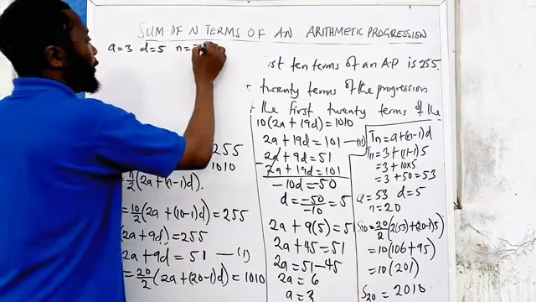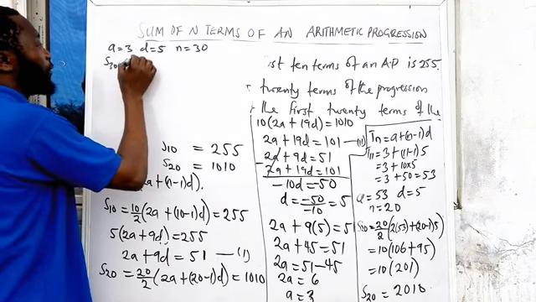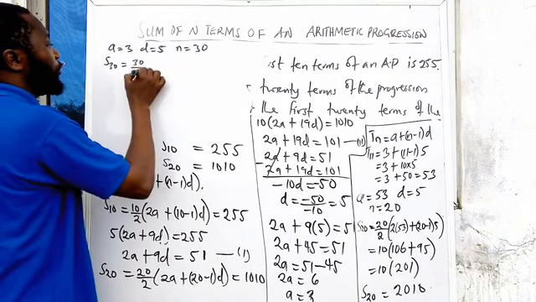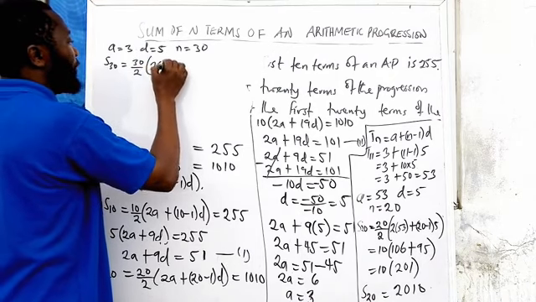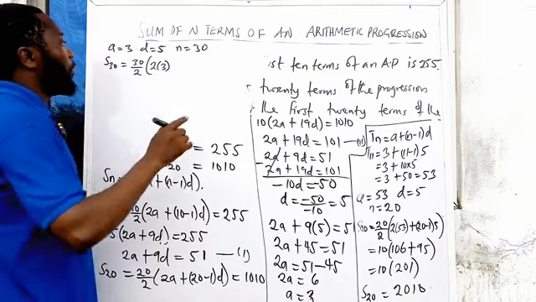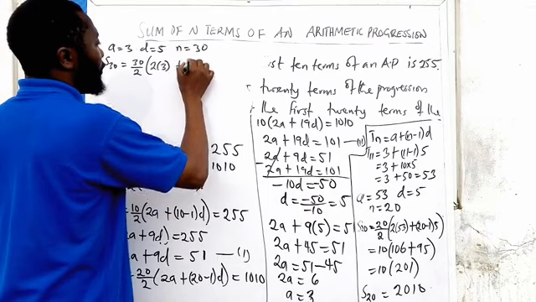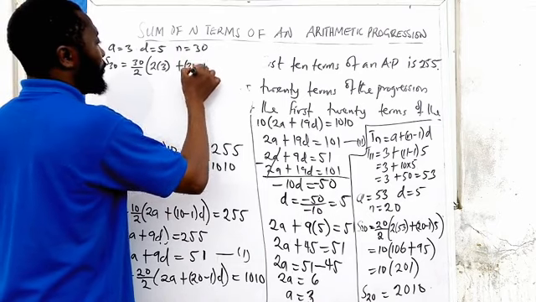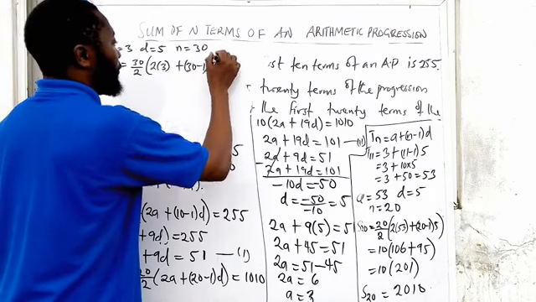So N is 30. So now our S30 equals 30 divided by 2, open bracket, 2A, which is 2 multiplied by 3, plus N, which is 30, minus 1, and our D is 5. We close the bracket.